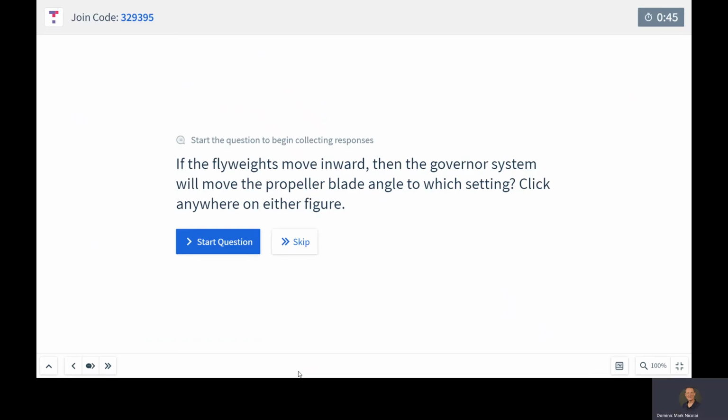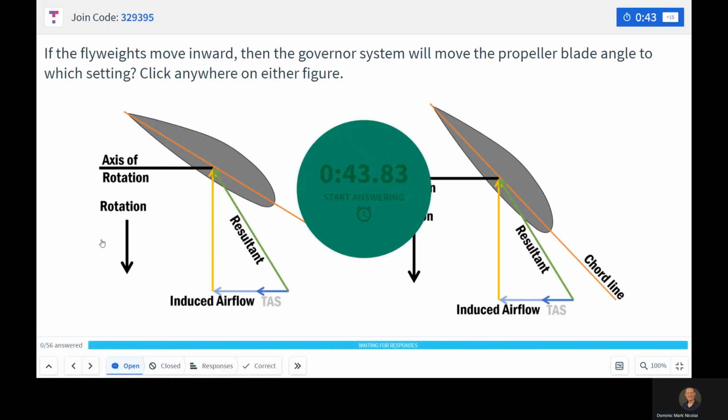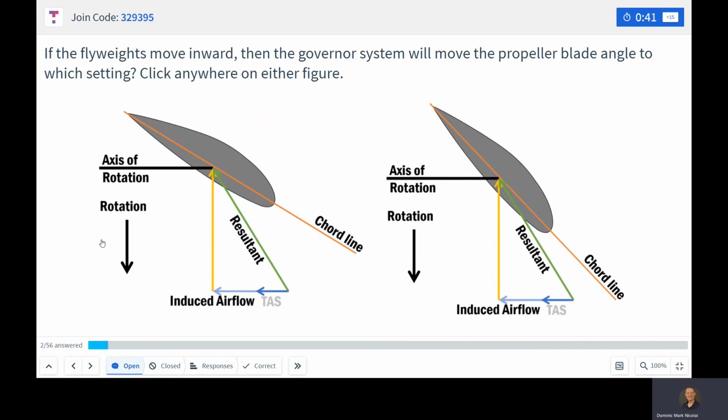Okay. If the flyweights move inward, that's kind of the opposite now, right? Inward is talking about not enough centrifugal force. Inward is your underspeed condition. The governor system will move the propeller blade to which setting? So the propeller is not spinning fast enough. We need to reduce propeller torque or propeller drag to speed it up.